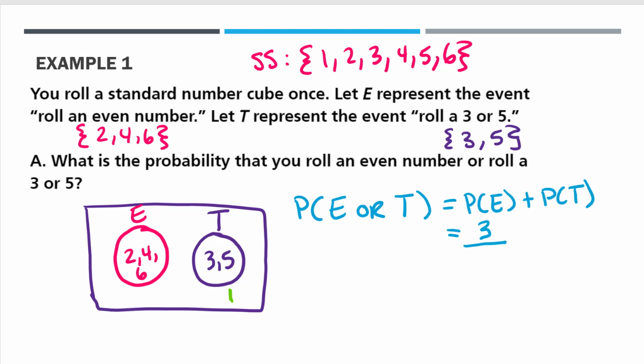So when I roll a die, I have 6 different options that I could possibly get. For probability of T, I have 2 outcomes, that's the 3 and the 5, out of that possible 6. I add my fractions together. 3 plus 2 is 5 over 6.